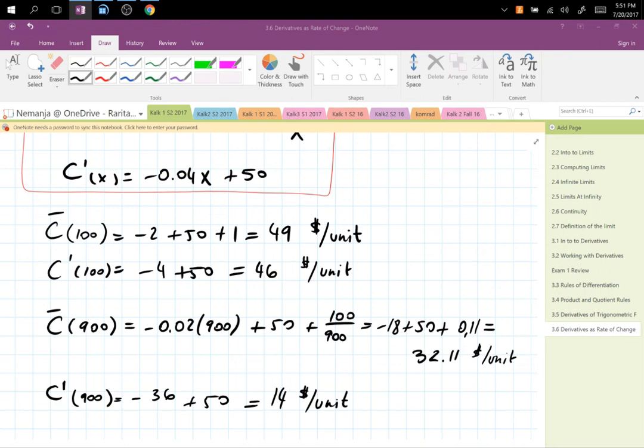Now look at the cost of the 900th unit in comparison to the cost of the 100th unit produced. It goes from 46 down to 14. Now this one shows how much money you are spending to produce that particular unit.